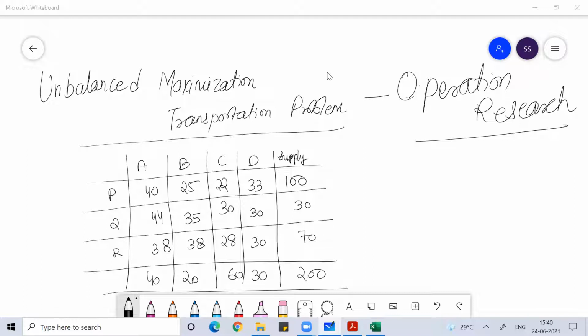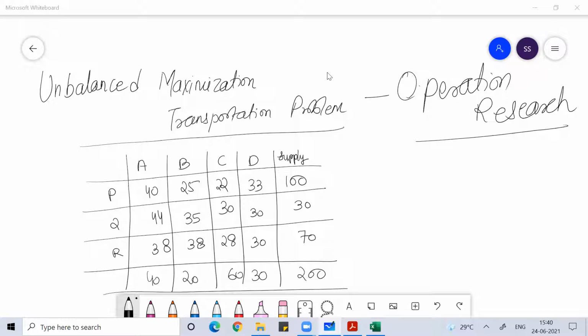Whenever we solve problems related to the transportation problem, before we determine the initial basic feasible solution, I told you to make sure of two things. One thing is that the total sum of supply should be equal to the total sum of demand.